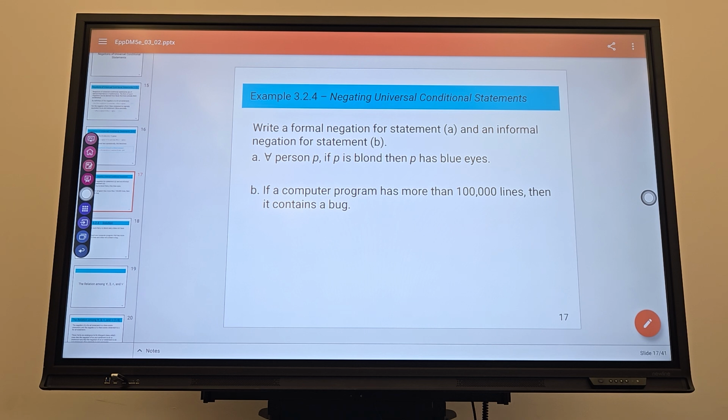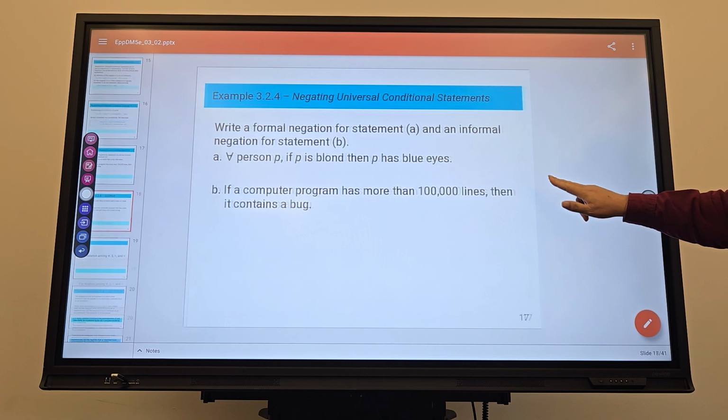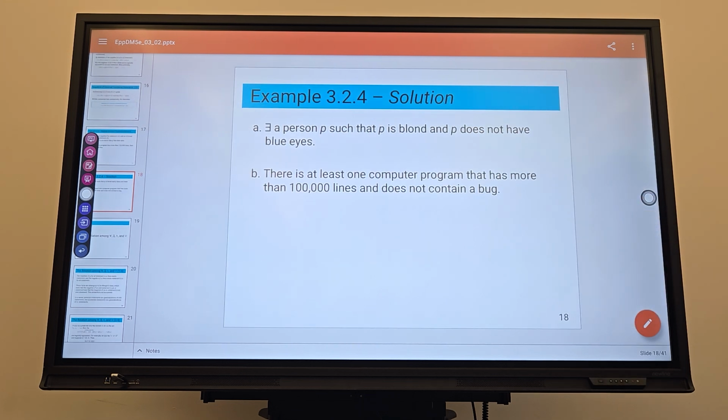For B, the negation would be: there exists a computer program that has more than 100,000 lines and does not contain a bug. You get rid of the if and substitute it with the and statement.